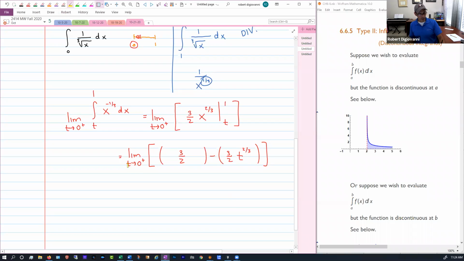When we do this limit, if t approaches 0, and we just plug 0 in here, it's 0, right? Because that's t to the positive number, t to the 2/3, which means the cube root squared. So you're taking 0, you're taking the cube root, you're squaring it. That's going to be 0, getting closer and closer to 0. So this time we get 3/2 minus 0, which is 3/2, which means we have convergence.